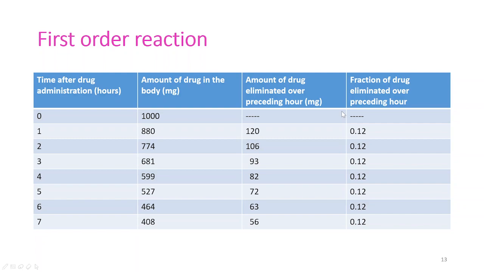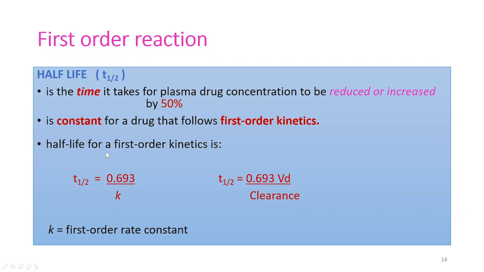So the formula to get the half-life of a drug undergoing first order kinetics is this one. T1/2 or half-life equals 0.693 divided by K, or the first order rate constant.